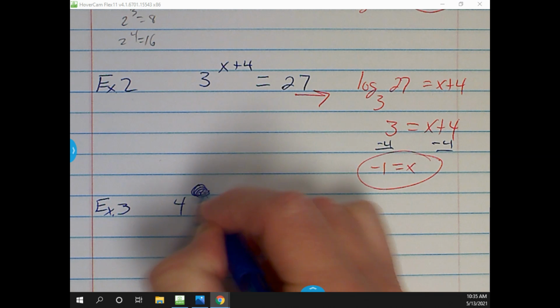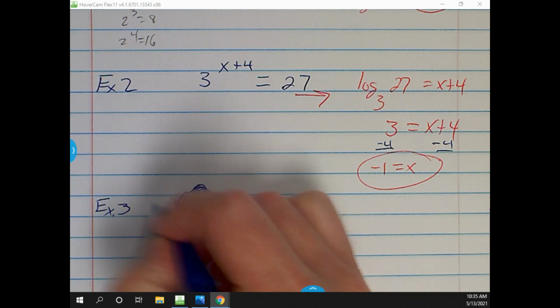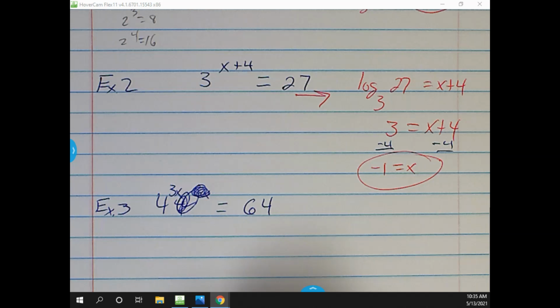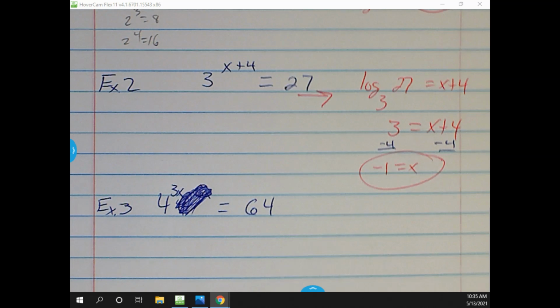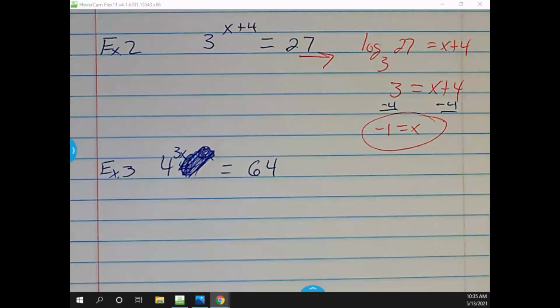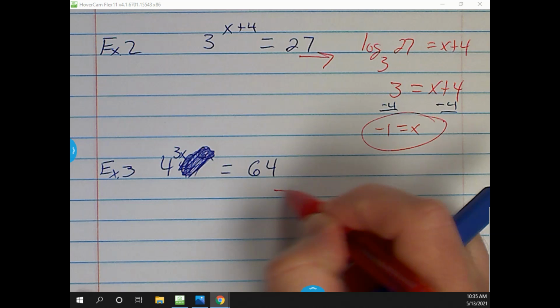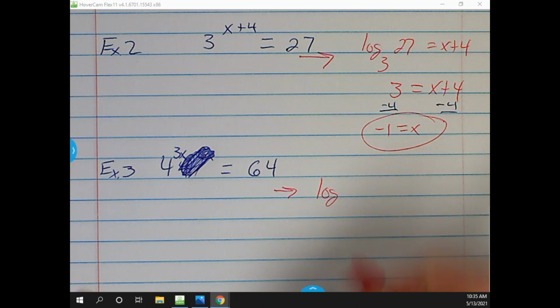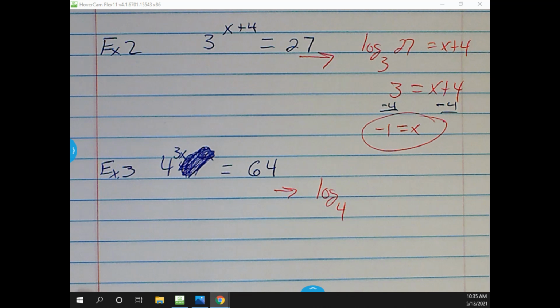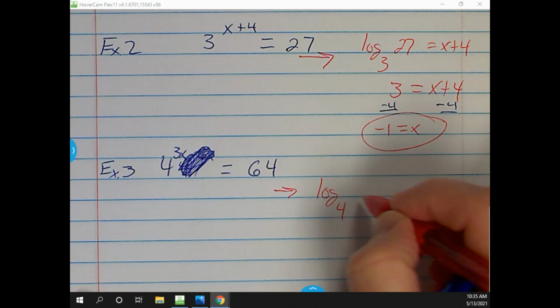Actually, hang on. Make that, sorry, 4 to the 3x equals 64. Okay, same thing. Rewrite it in log form. The base was 4. Switch these two numbers.